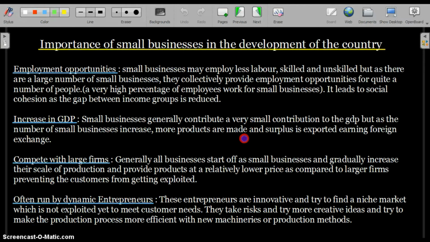Since small businesses collectively produce a large amount of products, these products can be exported. Surplus is the products left after fulfilling the needs of the local people. They are exported and help the country earn foreign exchange.